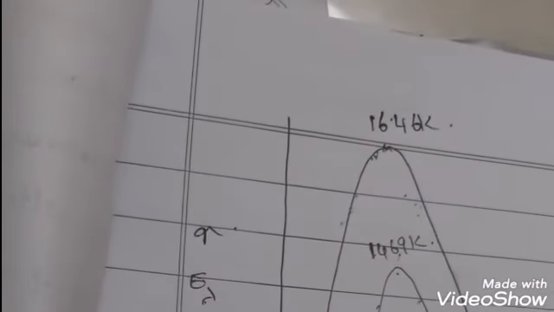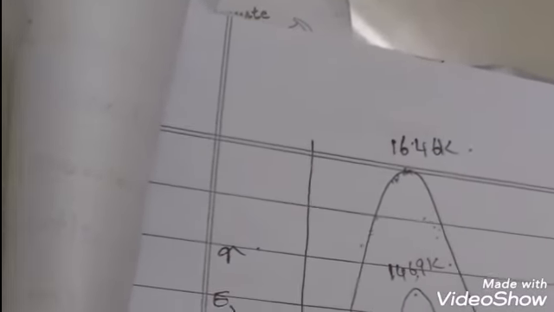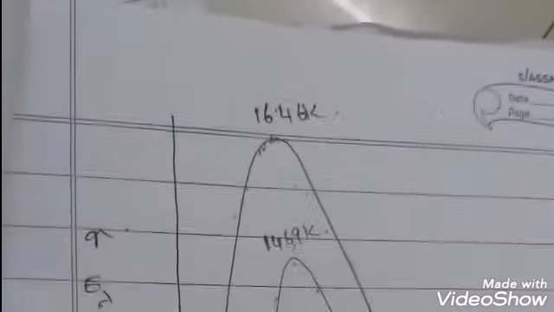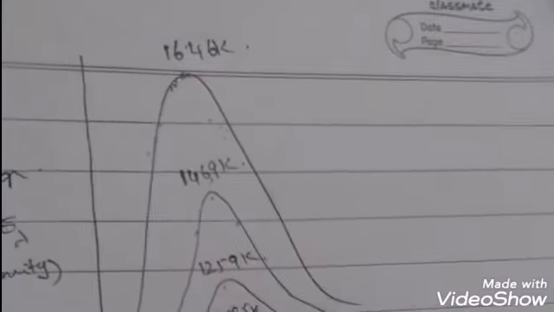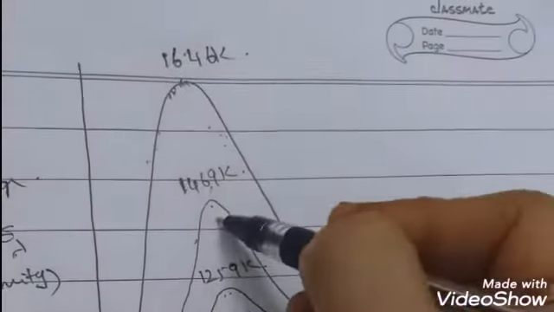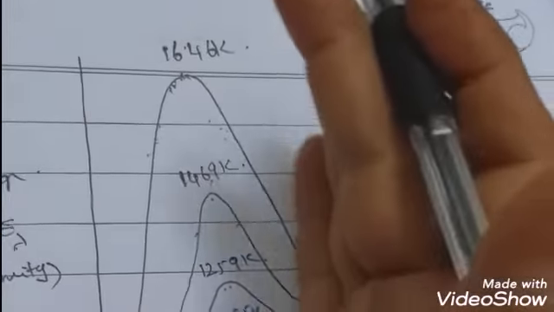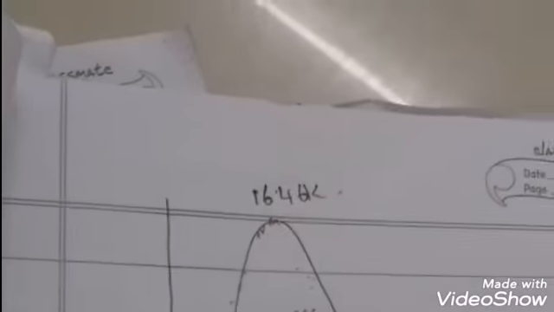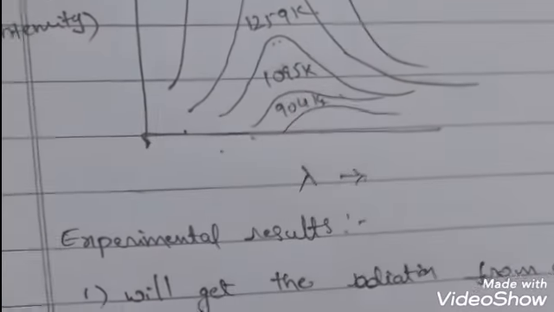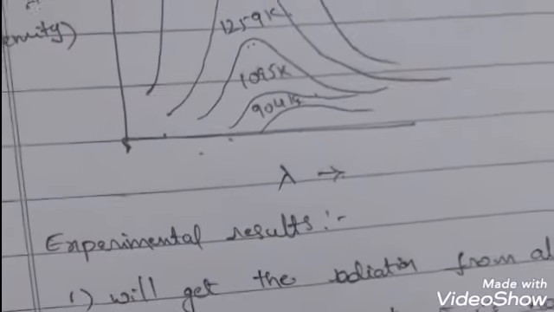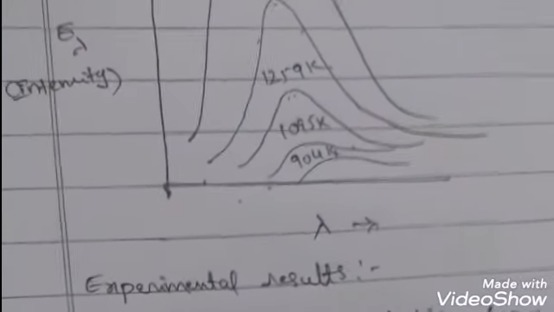So the wavelength corresponding to maximum energy, represented by the peak of the curve, shifts towards the shorter wavelength as the temperature increases. This is called Wien's displacement law: lambda maximum into temperature is equal to a constant.